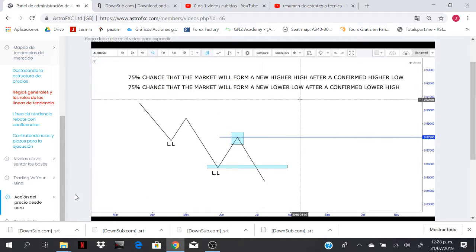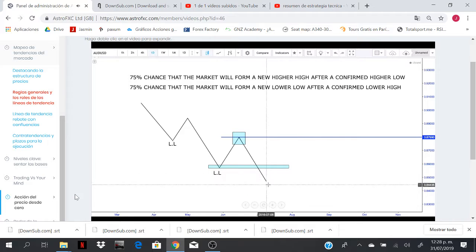There's a 75% chance the market will form a new lower low after a confirmed lower high. So more or less, you're looking at this as target confluence, and this is vice versa for the top one. So lower low, lower high, lower low, lower high, lower low.